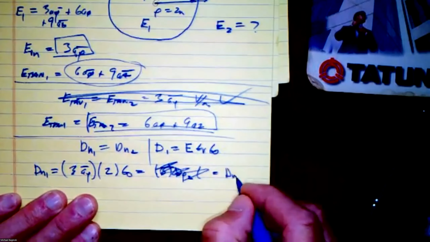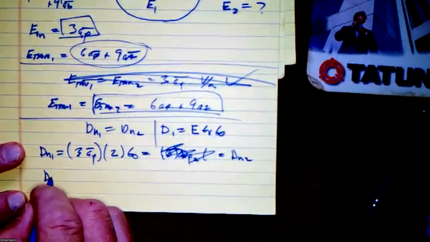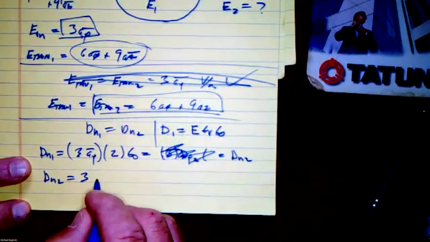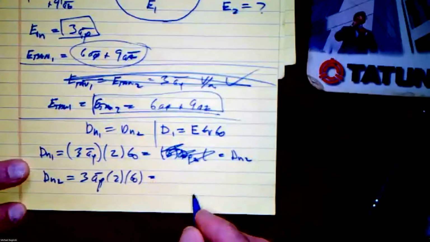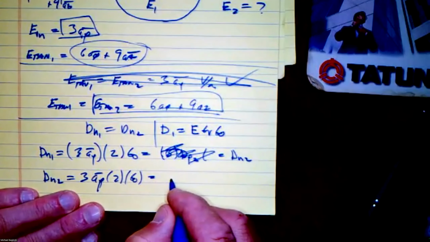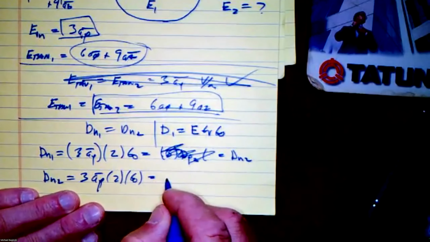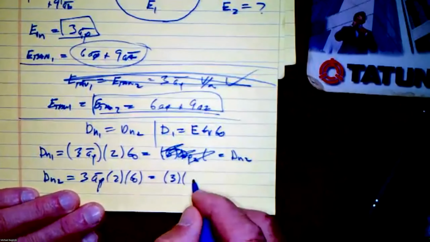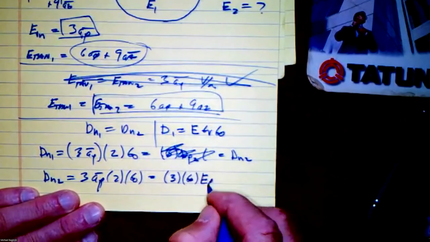The D field in region 2 can be equated to the E field in region 2. So D normal in region 2 would be equal to 3a rho times 2 times epsilon naught, and that equals epsilon relative in region 2, which is 3, times epsilon naught, times the E field, which we don't know, in the a rho direction.